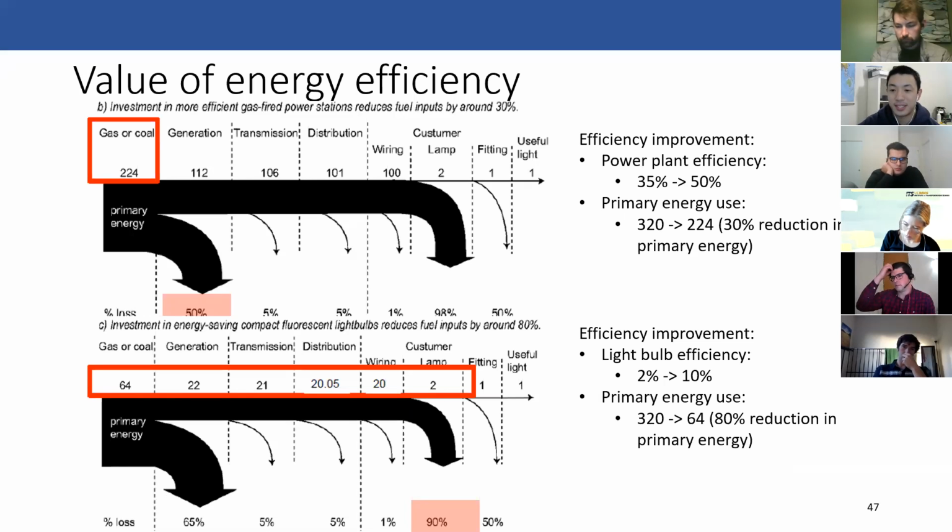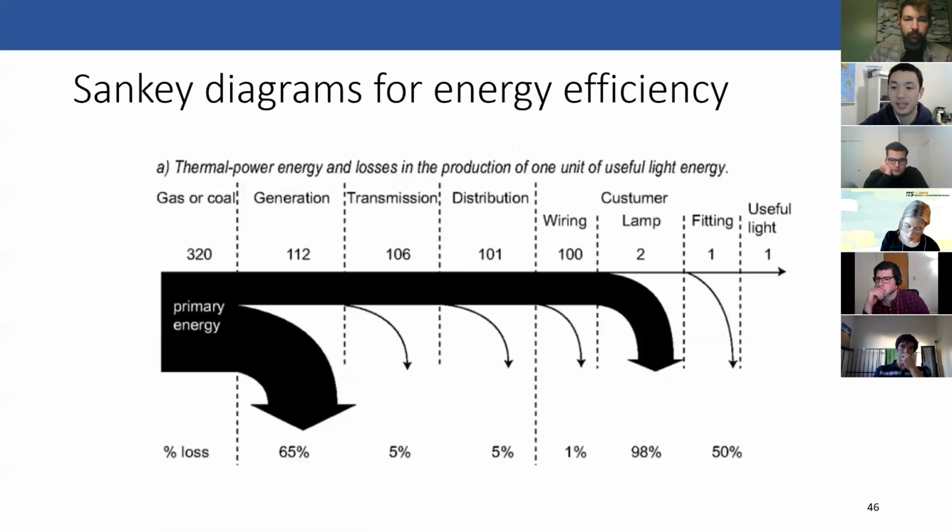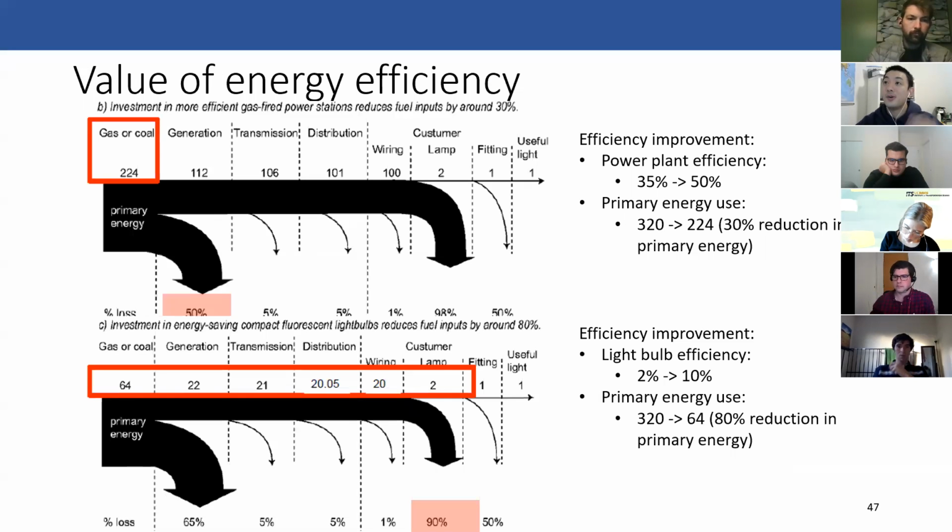This is always kind of a striking example. You'll notice here this is now 50%, and in the previous one it was 65%. So we were losing 65% of the energy here, but now we've improved the power plant so that you only lose 50%. It's a 15% improvement in the overall efficiency of the power plant.